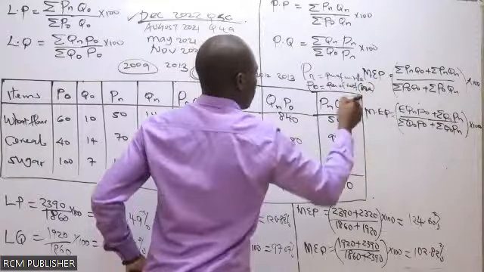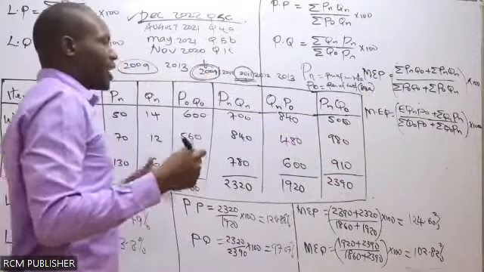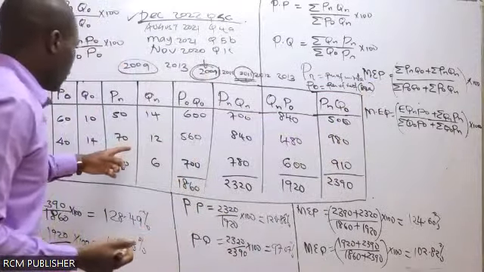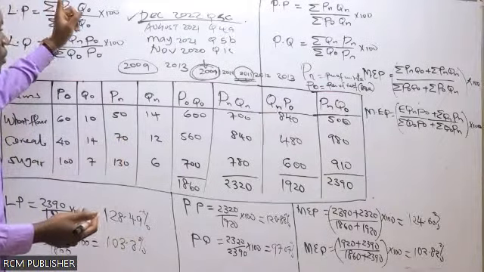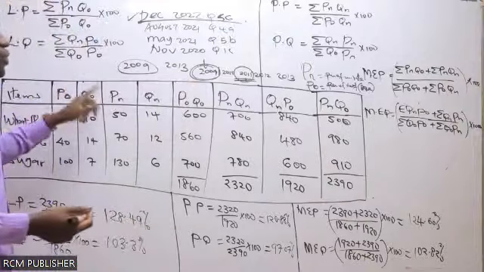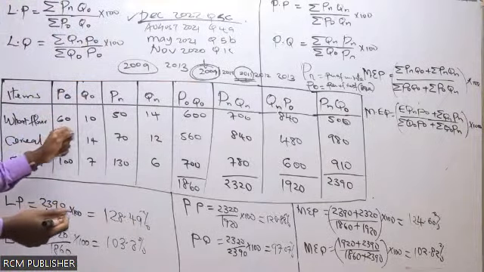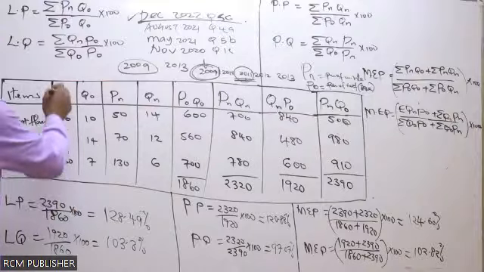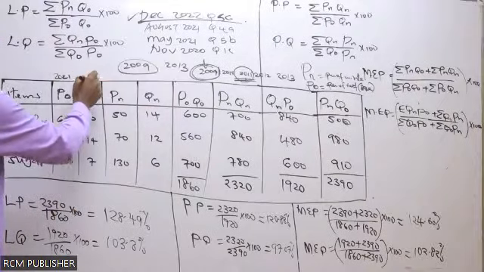So we are referring to the prices. What has happened to the prices in 2021 in comparison to 2020? In 2020, these were the prices and quantity.